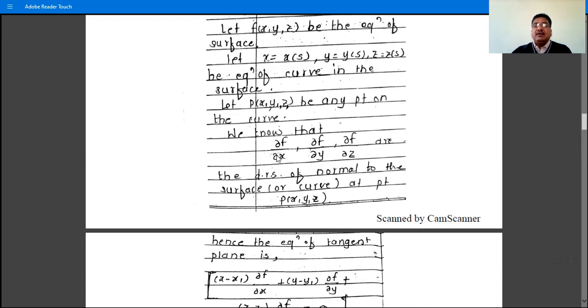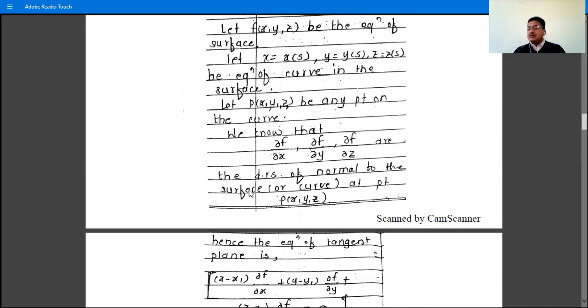So what is grad f here? Grad f, or del f, is the normal to the surface. Grad f is ∂F/∂x i plus ∂F/∂y j plus ∂F/∂z k, and the coefficients of i, j, k in this grad φ or del φ are ∂F/∂x, ∂F/∂y, and ∂F/∂z, and these are the direction ratios of the normal to the surface.